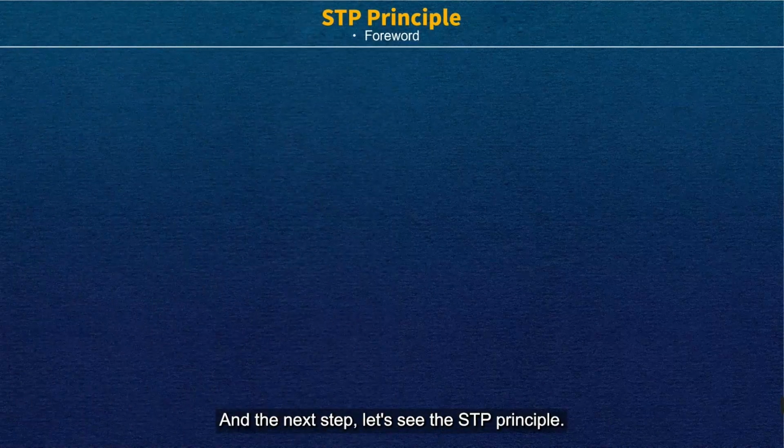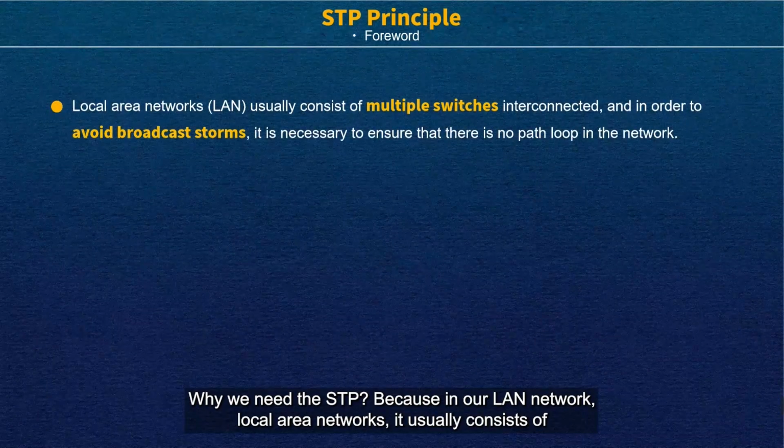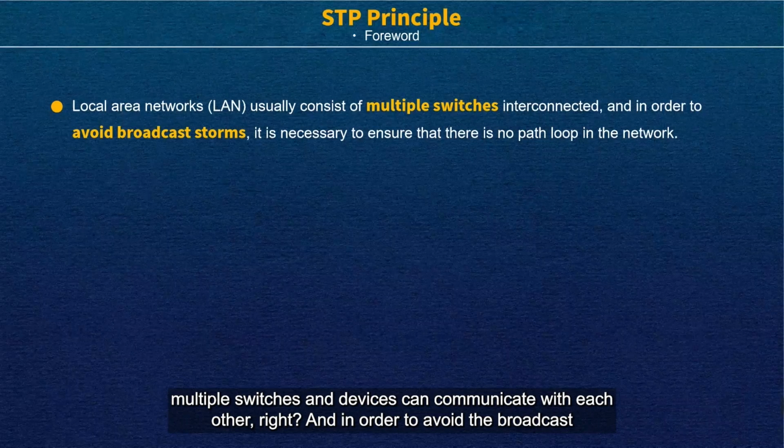And the next step, let's look at the STP principle. Why do we need STP? Because in our LAN, local area networks, we usually have multiple switches communicating with each other, right?